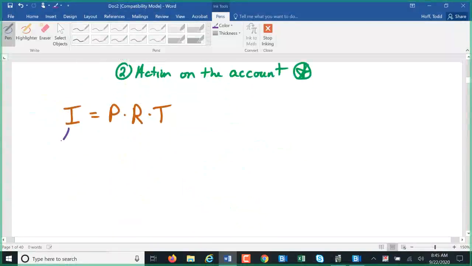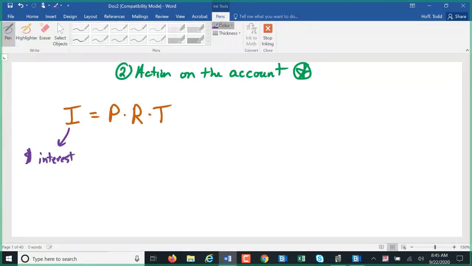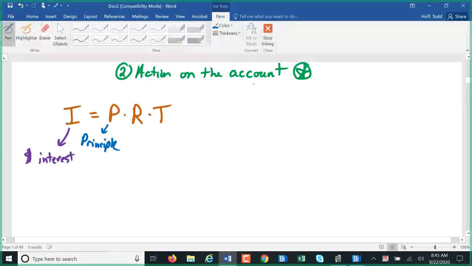So I here is the dollar amount of interest. P is what's referred to as the principal. That's the starting amount. R is the rate. Remember, that is the decimal form of a percent. And T stands for time, but it's always given in years.